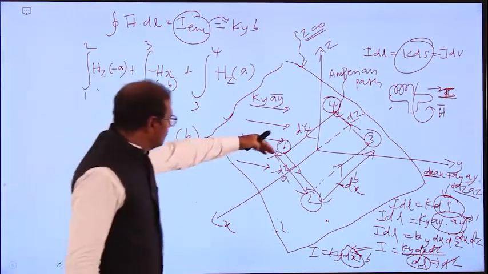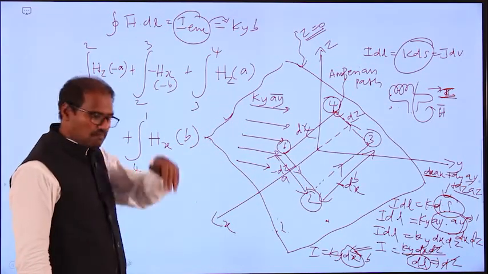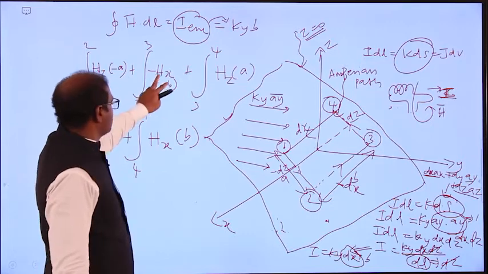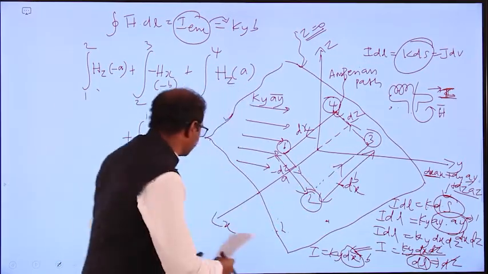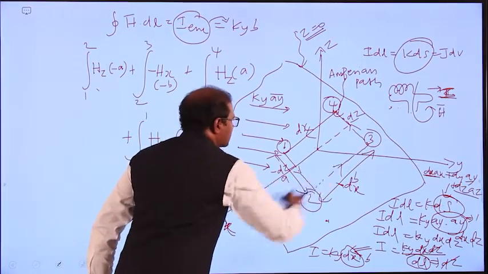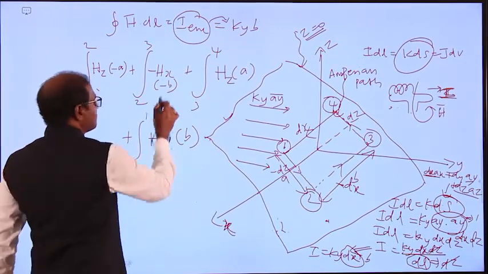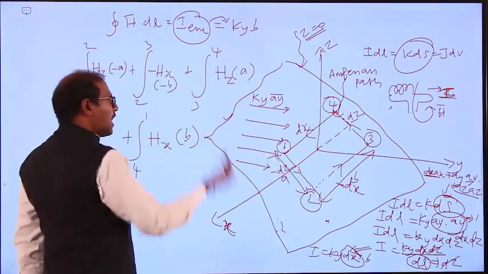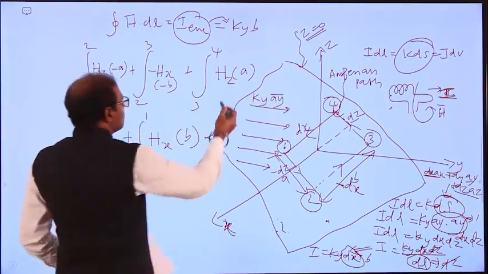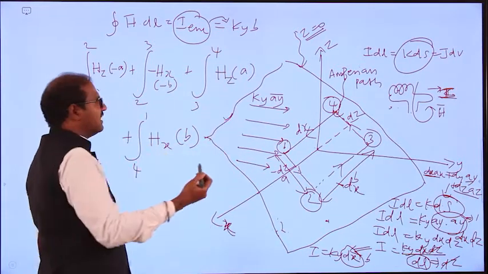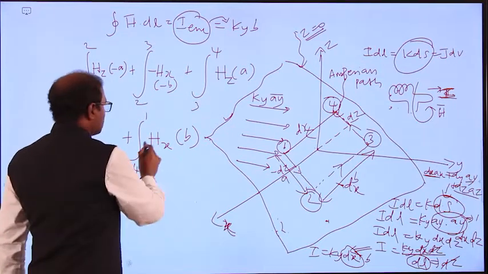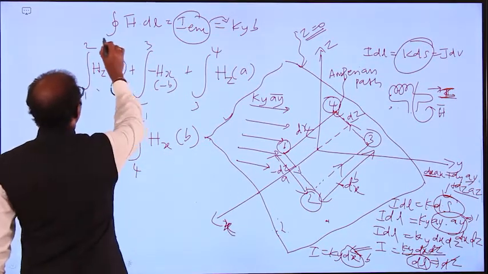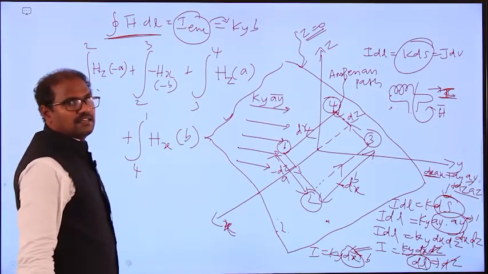So H is Z, and moving down means we call it minus A. Then 2 to 3, moving in the x direction, so minus Hx into minus B. Plus Hz, again moving upward, with dimension A, plus 4 to 1, again the x direction into B. So this is the closed loop of the ambient path for the magnetic intensity of the line conductors.